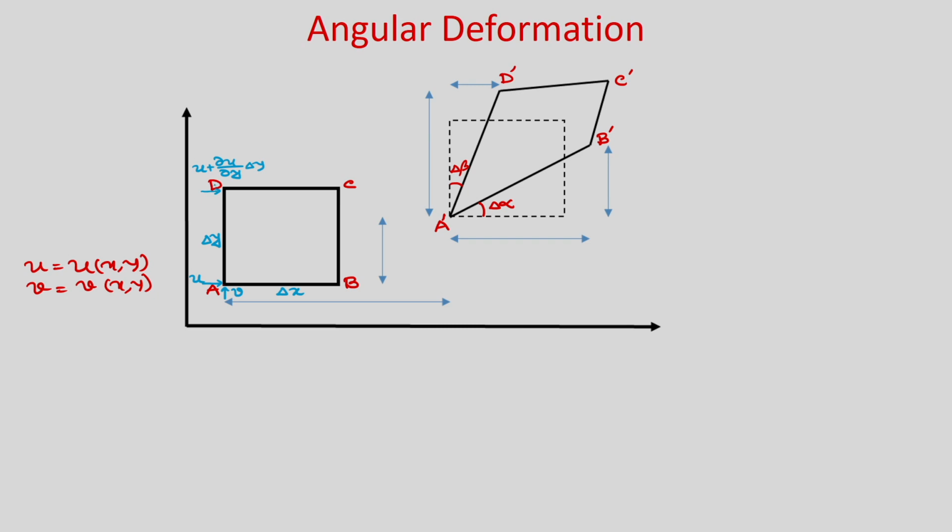There is a change in the velocity, and due to that the deformation is different in the x and y directions. Similarly, for v, you will get here v plus del v by del x into delta x.